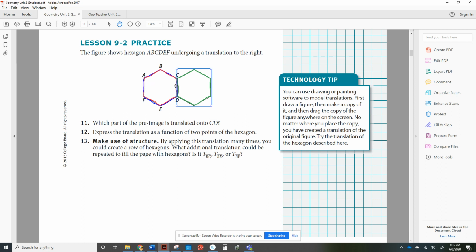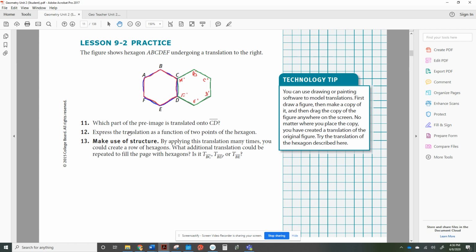AF moved over and now it's on top of CD, because if we named this one, this would be A prime, B prime, C prime, D prime, E prime, F prime. So AF mapped over to CD. That's how we would answer.